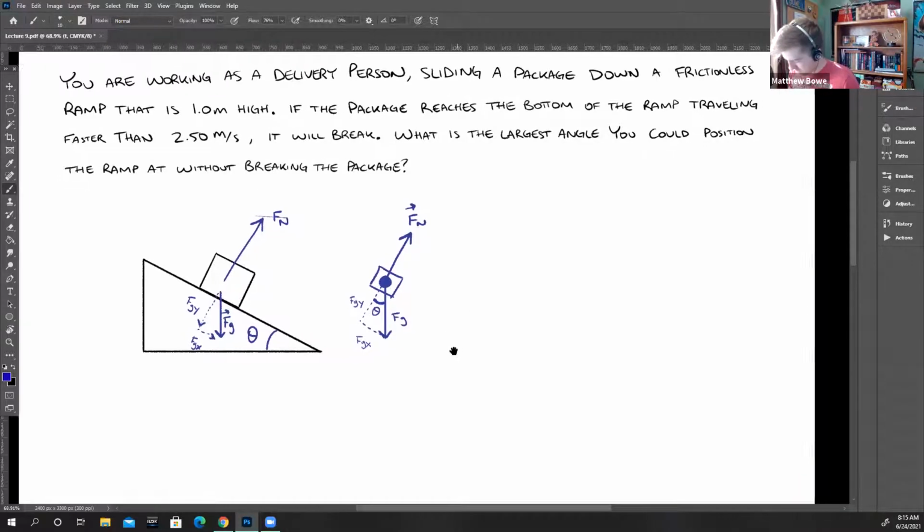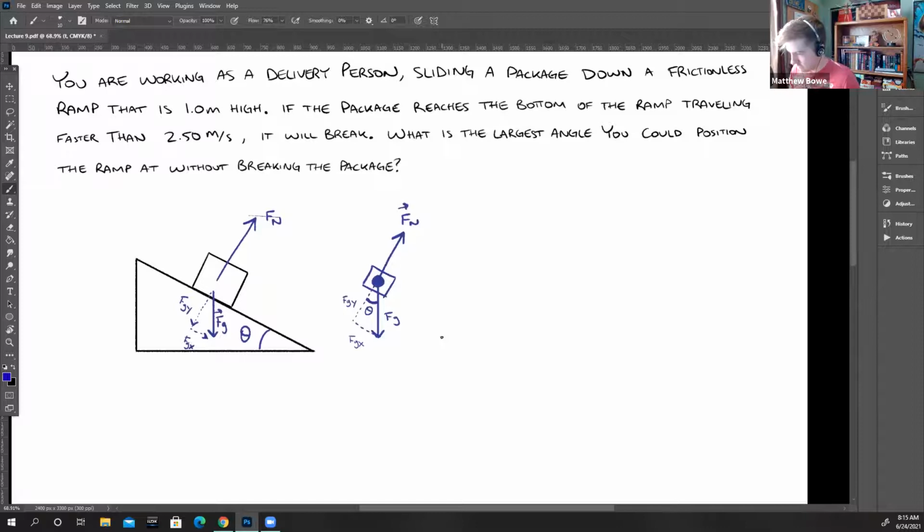I guess I can, before I do this, let me label what these components are going to be. I think we've all seen this quite a few times by now. But the x component and the y component are just sections of this triangle. Let me do it for this specific one.